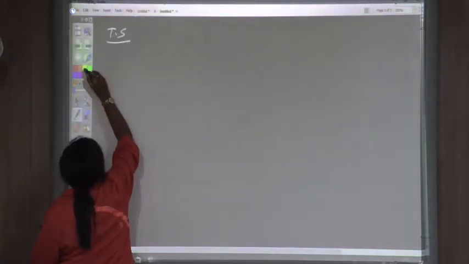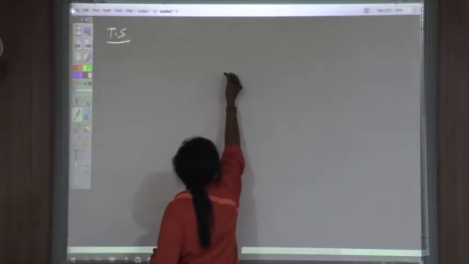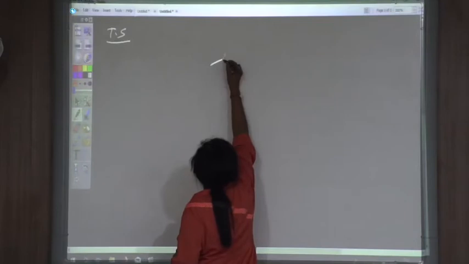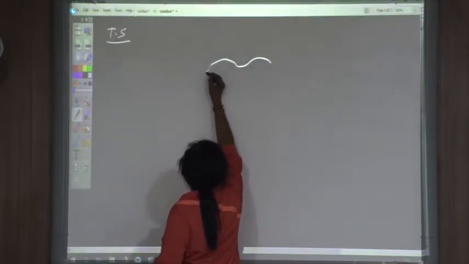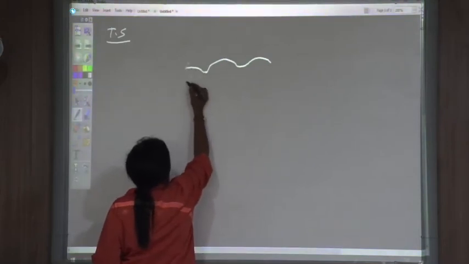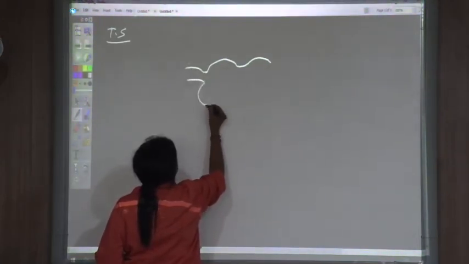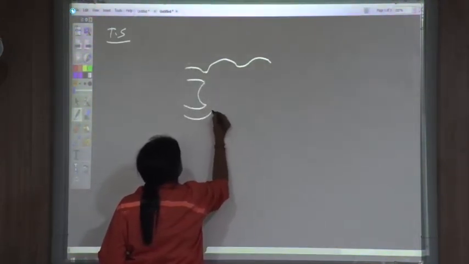So the next thing is let us take a section of the spinal cord. So in TS, the spinal cord shows it's a cylindrical structure basically, and if you take a section of that, it will look something like this.